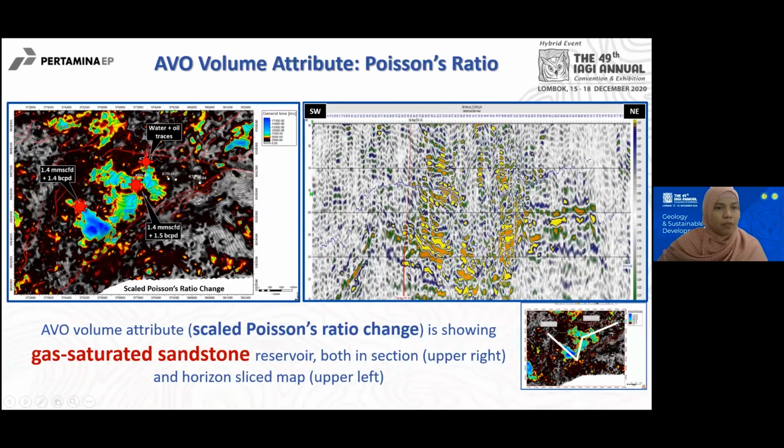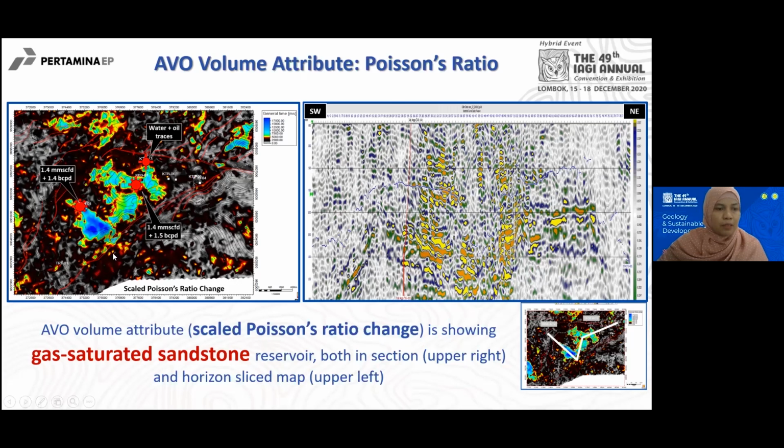This is the AVO volume attribute that we generated once the analysis was done. It is called the scaled Poisson ratio change, which is here showing the gas saturated sandstone, while in the left figure here, we have this section across the anomaly here also representing the Poisson ratio change in the reservoir filled with the gas.